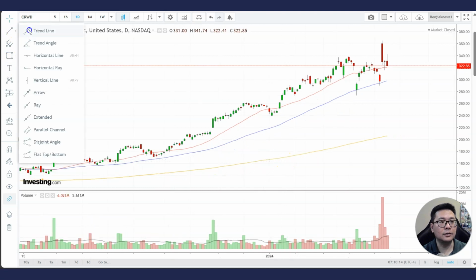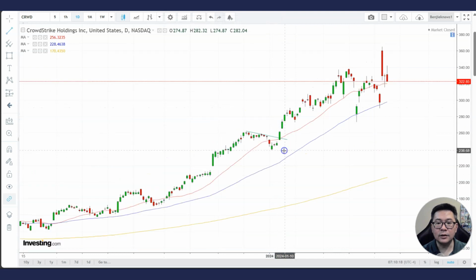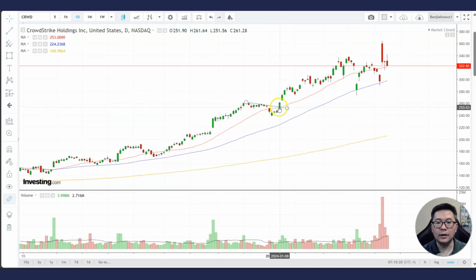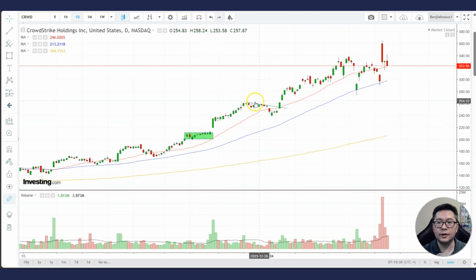For example, there's a break of a downtrend line near the rising 20 MA. You can buy here, put a stop loss and ride it higher, or you can participate in a breakout. This is a breakout play.